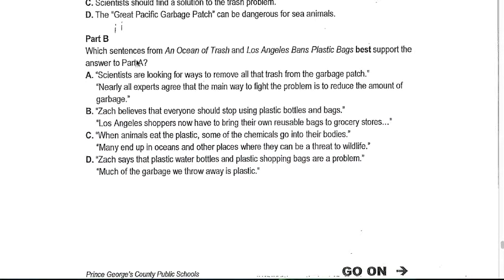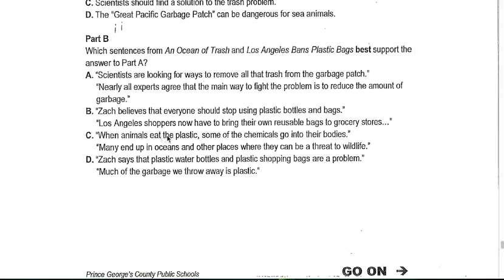Part B. Which sentence from An Ocean of Trash and Los Angeles Bans Plastic Bags best supports the answer to Part A? Scientists are looking for ways to remove all that trash from the garbage patch. Nearly all experts agree that the main way to fight the problem is to reduce the amount of garbage. B. Zach believes that everyone should stop using plastic bottles and bags. Los Angeles shoppers now have to bring their own reusable bags to grocery stores.